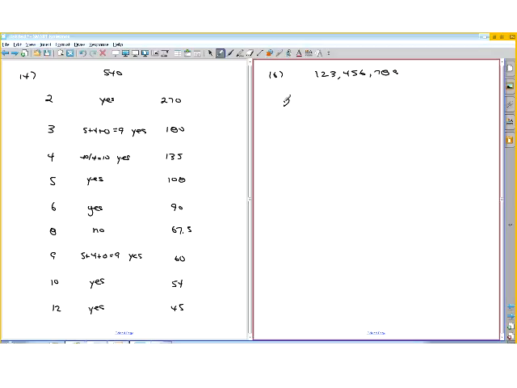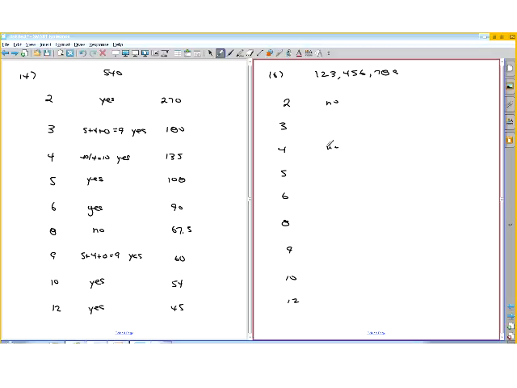Now we have 123,456,789. So we go through the same set of numbers as we did before. Now, since it's odd, we pretty much know it's not going to be any of these even numbers.